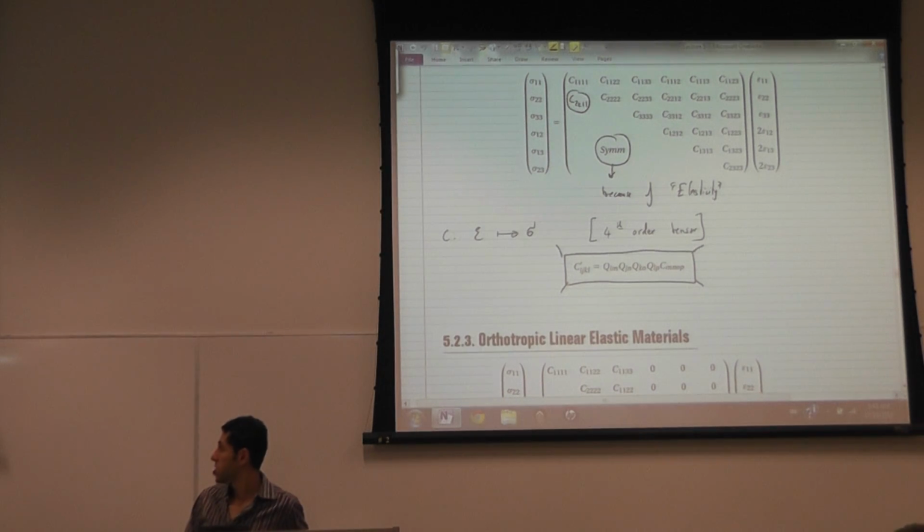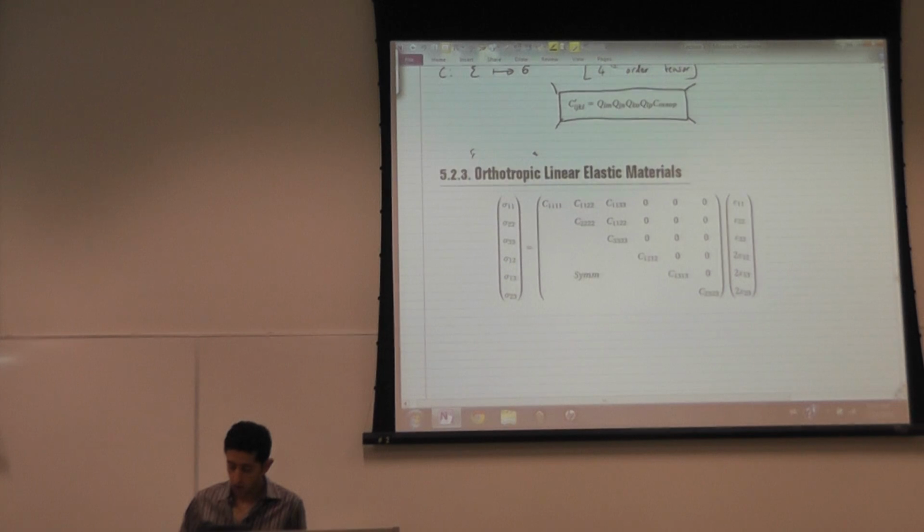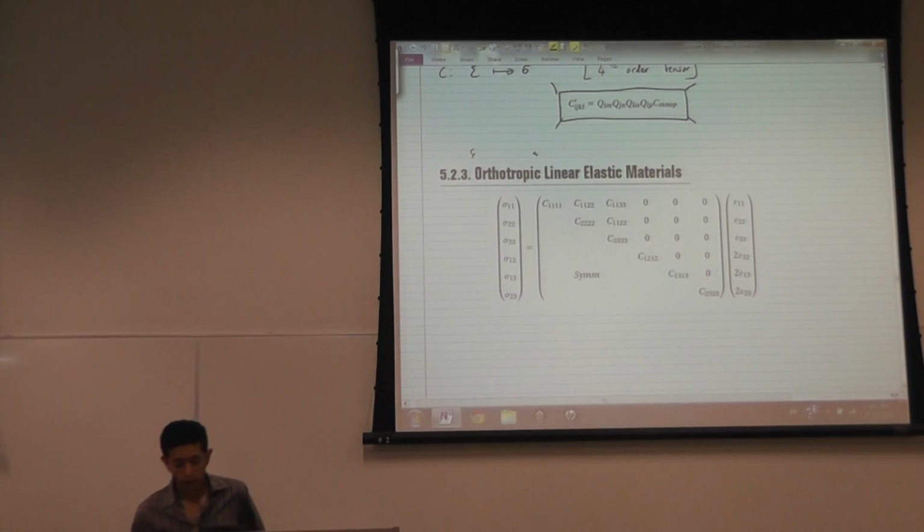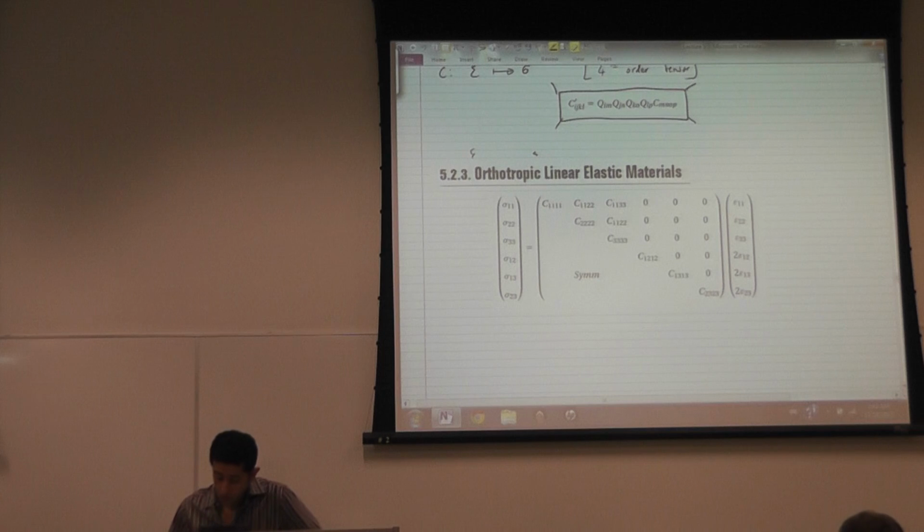An orthotropic material is a material that has 3 perpendicular axes of symmetry. So if these are E1, E2, and E3, that means if I pull along sigma 11, I will not develop any shear.